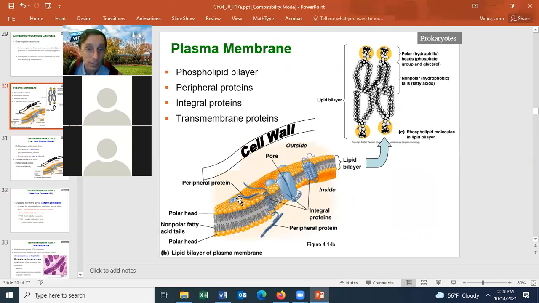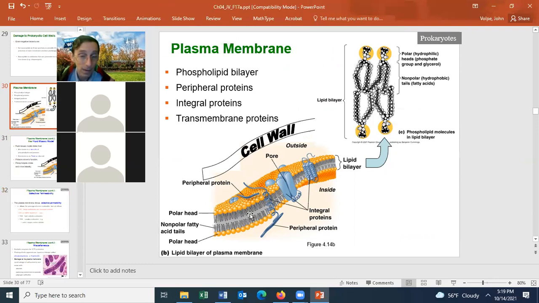Blow up. So they can move around this way, and the water actually takes advantage of that to get inside the cell. Water can't move through the fatty acid tail portion of the cell membrane.